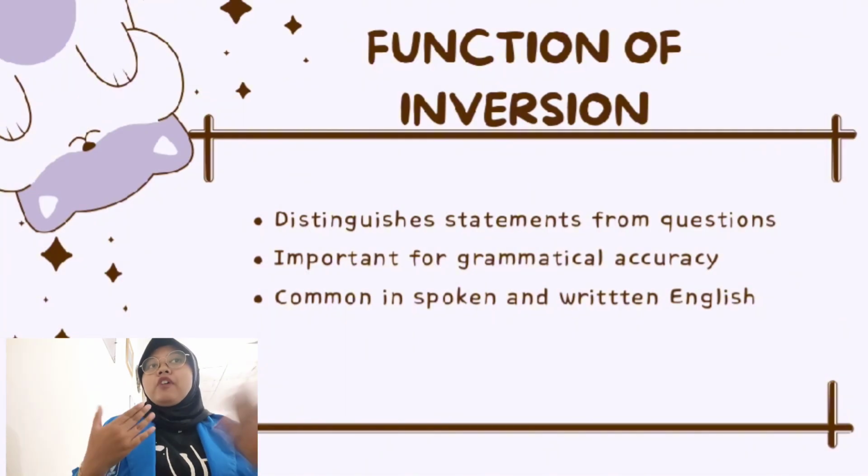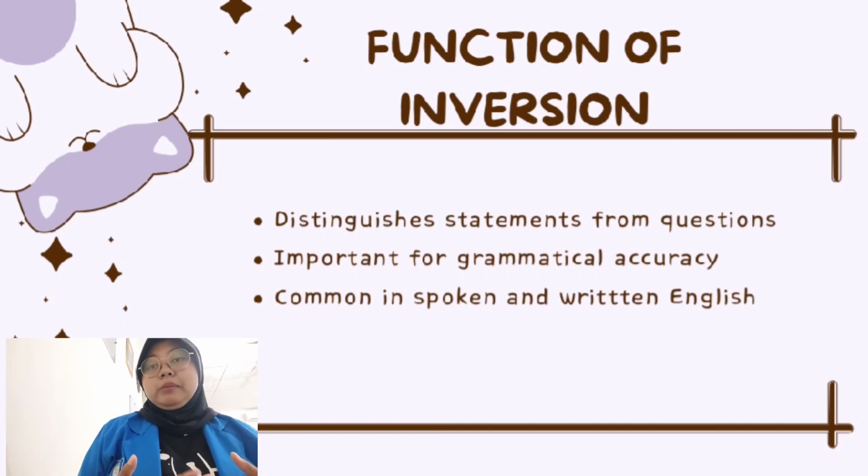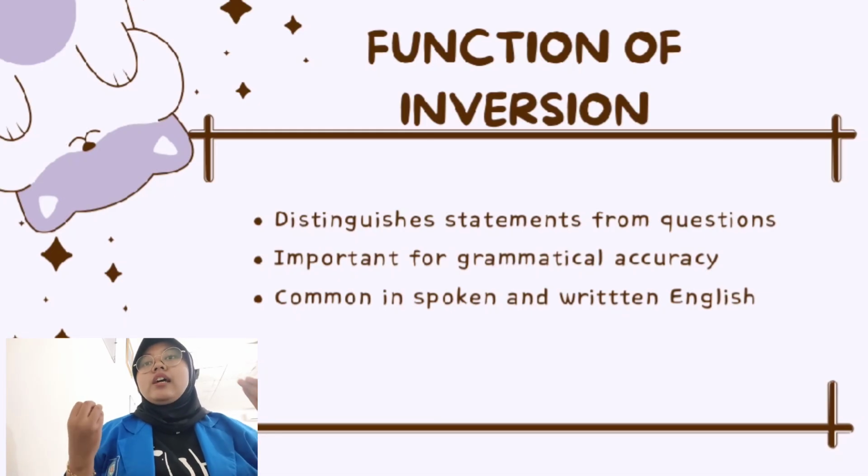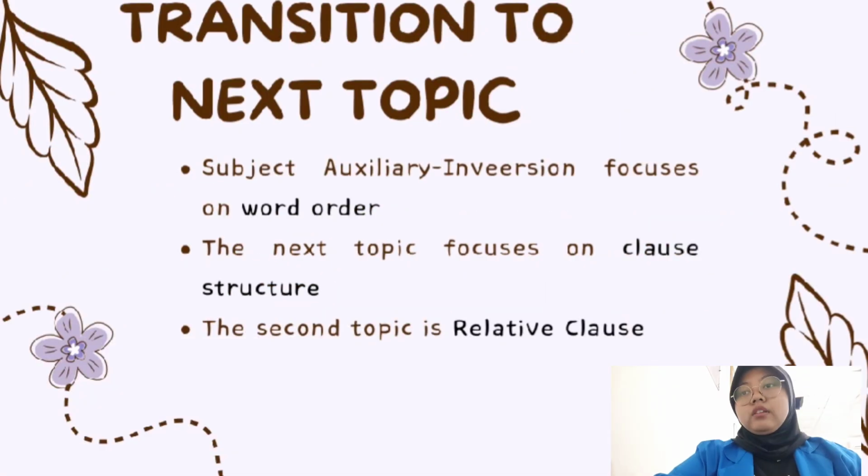Alright, we move to the function of subject auxiliary inversion. The functions of inversion include distinguishing statements from questions, maintaining grammatical correctness, and being commonly used in both spoken and written English. Next, transition to the next topic. Subject auxiliary inversion focuses on word order, and the next topic focuses on clause structure.